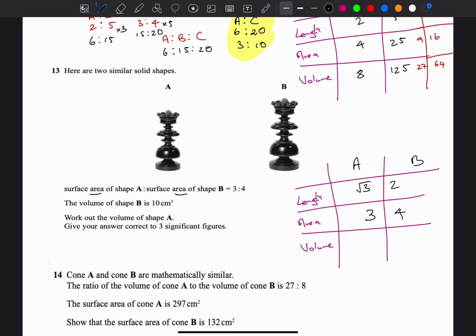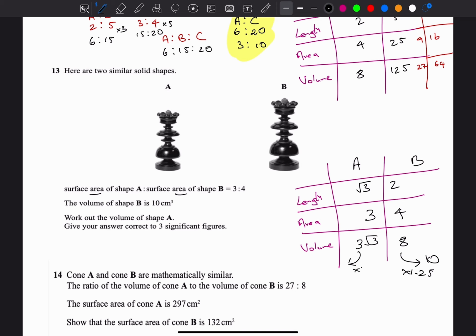Cube of 3, sorry, I mean cube it to do the volume, isn't it? You just do it. Cube of root 3 is 3 root 3. You put it on a calculator, it's fine. And then cube of 2 is 8. They told you volume of B is 10. So that now becomes 10. 8 to go to 10, times it by 1.25.